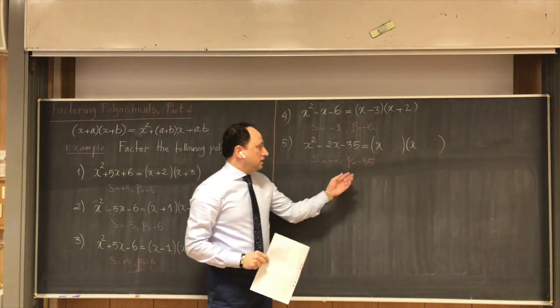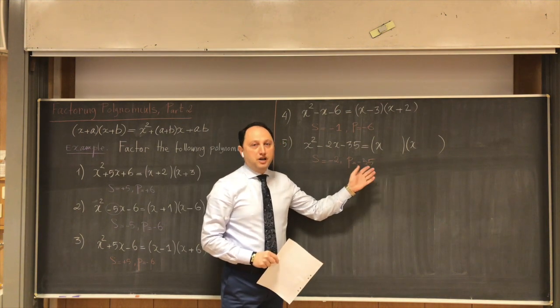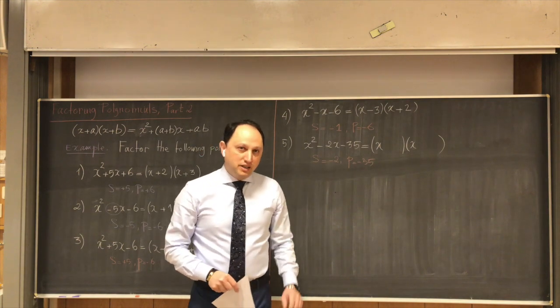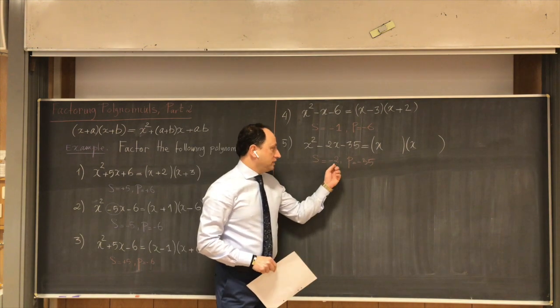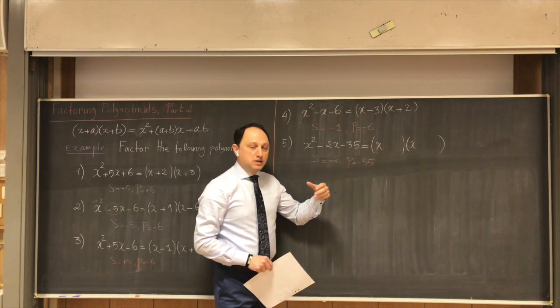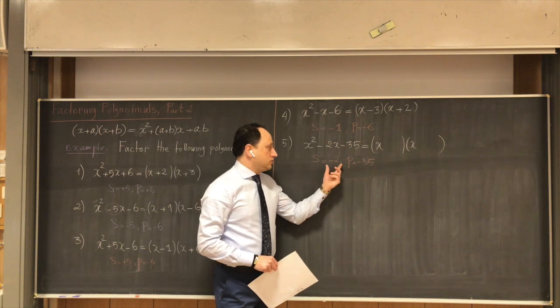So for example, the numbers whose product is 35 are either 1 and 35 or 7 and 5. But 7 and 5 have somehow a relation to 2. The difference between 7 and 5 is 2. The only thing that remains is to adjust the signs.